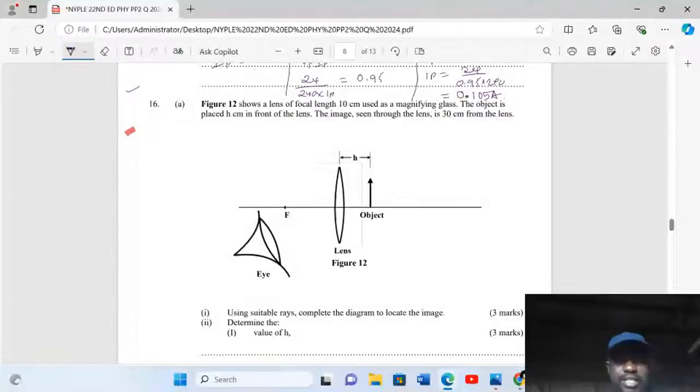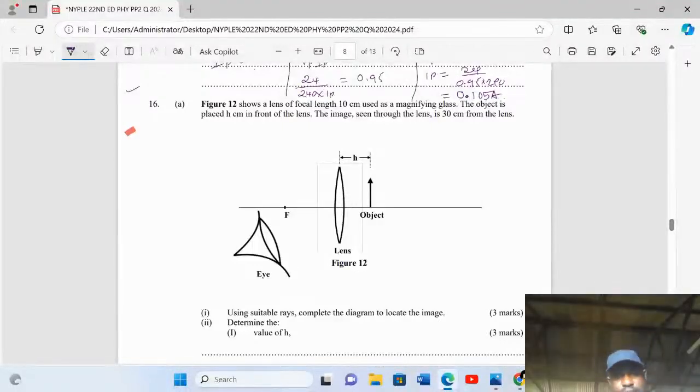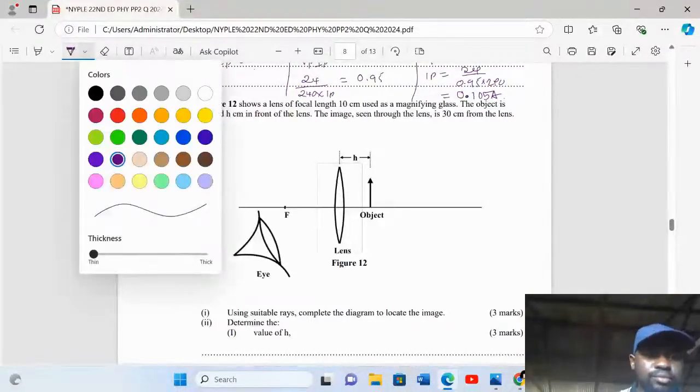The object is H centimeters in front of the lens. The image seen through the lens is 30 centimeters from it. Therefore, in this case, you are supposed to apply the two key rays.